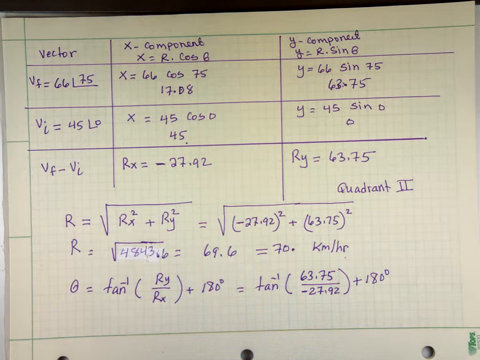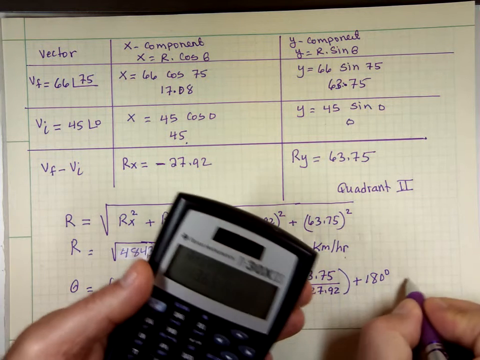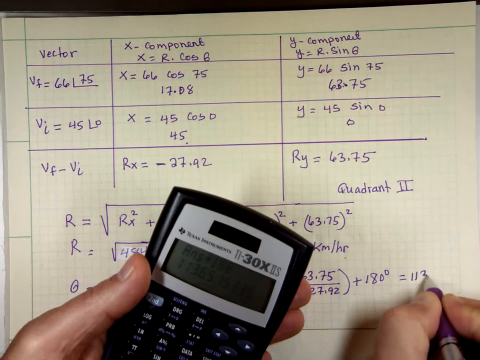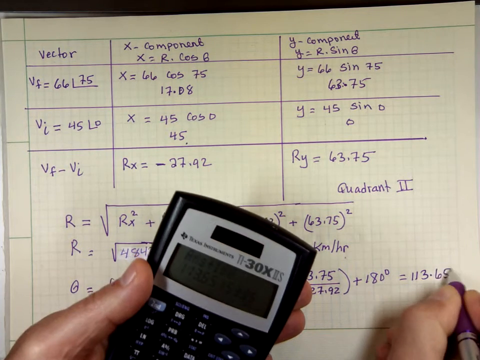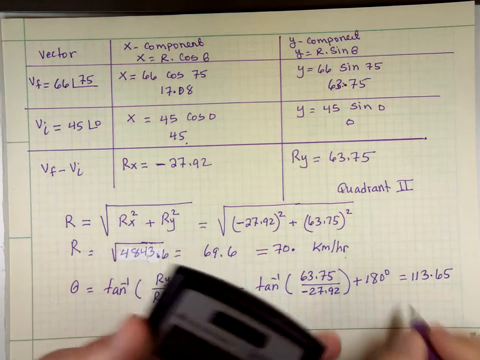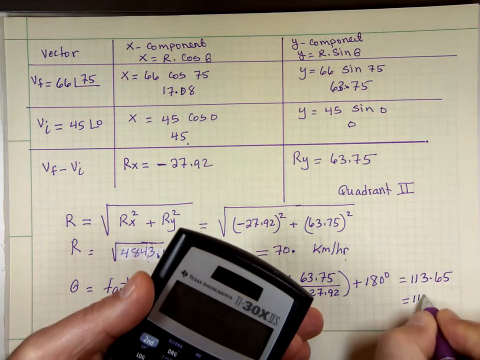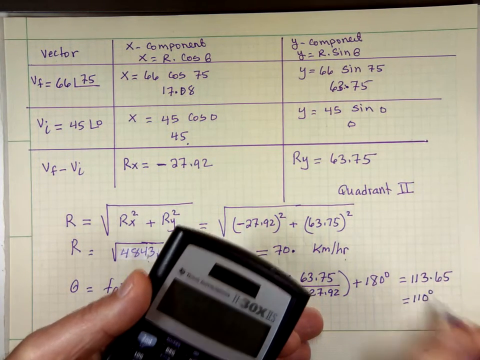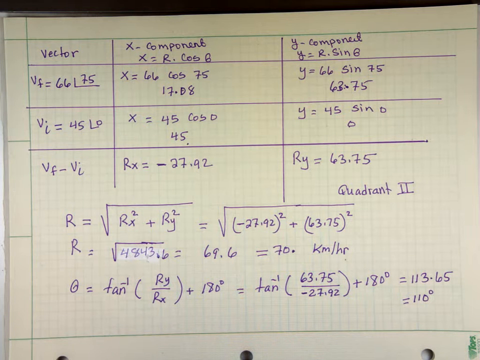Add the 180 to it. It is actually 113.65. But again, all the numbers are how many significant digits? 2. So this becomes 110 degrees. So when you type in the answer for B and C, you need to type in that 70 and the 110.